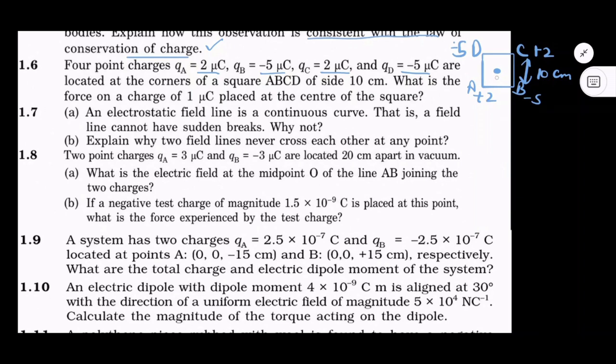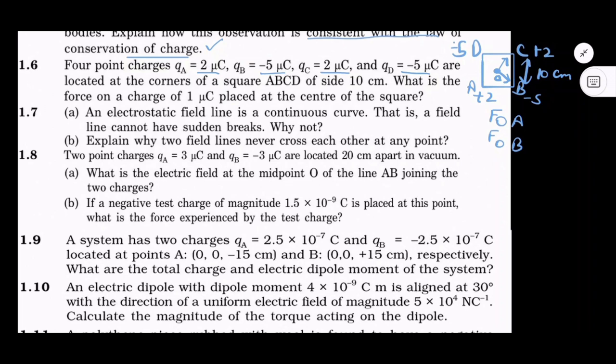First we'll calculate the force on this. Let me call the center charge O. First we'll calculate the force on O due to A, then the force on O due to B. We'll also see the direction. A is a positive charge, so the force will be in this direction, and the force on O due to B will be in this direction.